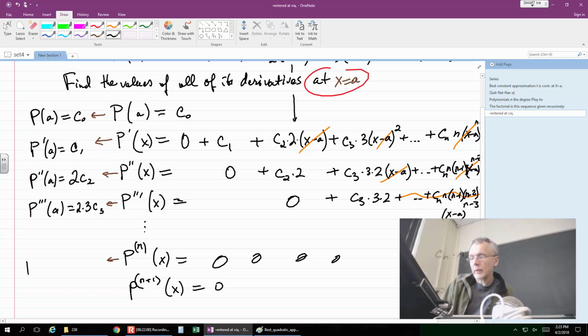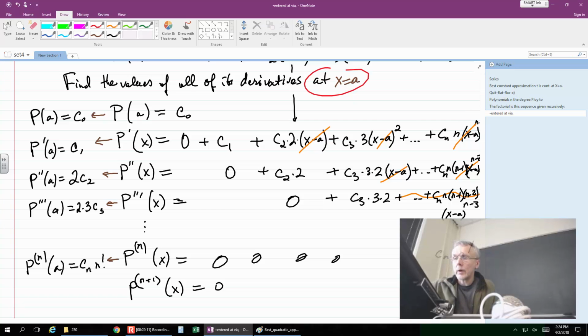The last one we already did. So the nth derivative at a is once again Cn times n factorial. So all of these are in fact factorials. If it is not quite clear, this is 2 factorial, this is 3 factorial, the next one will be 4 factorial, and the last is n factorial. This is 1, which is 1 factorial, if you prefer, and if you want one formula, then it all fits.